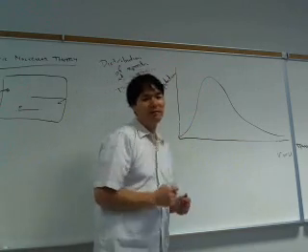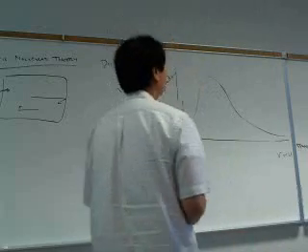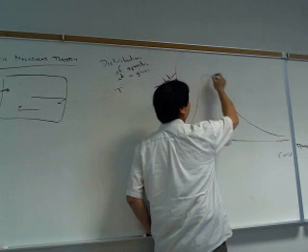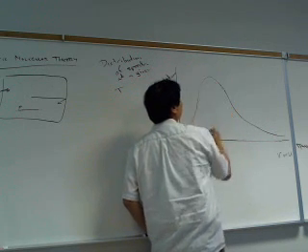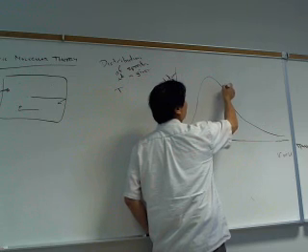Where's the average speed, roughly? Would it be the highest? This is called the most probable speed. The average speed is somewhere around here.